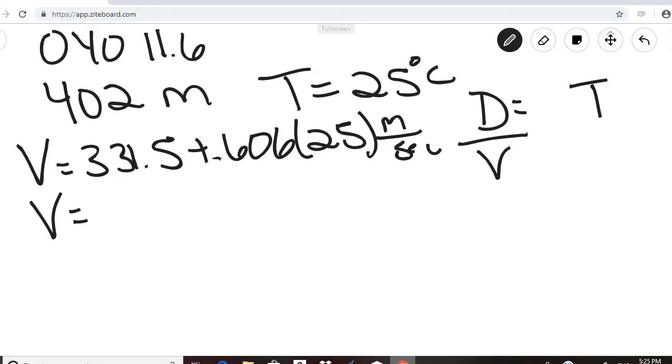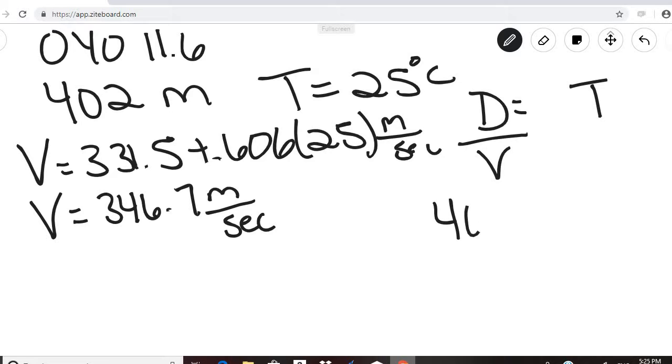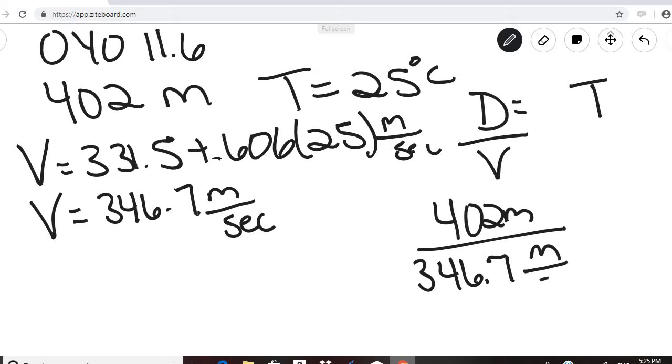So the velocity comes out to 346.7 meters per second. And we're given the distance as 402 meters. So 402 meters divided by 346.7 meters per second.